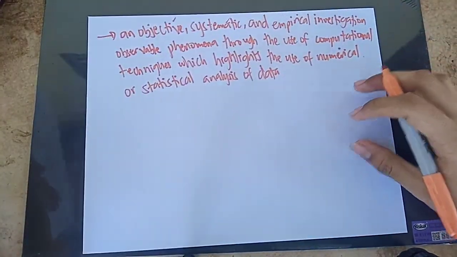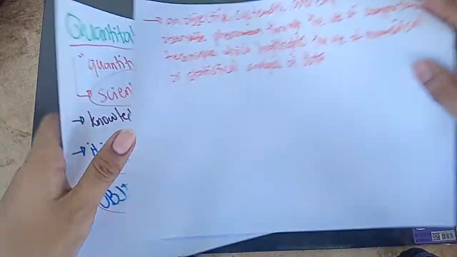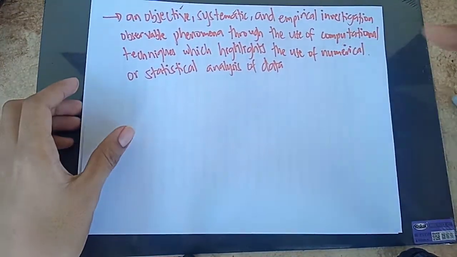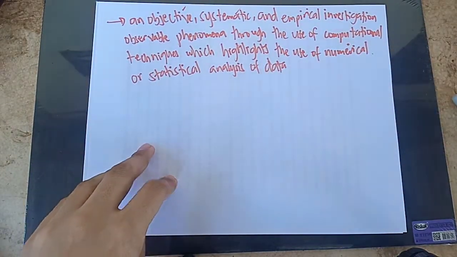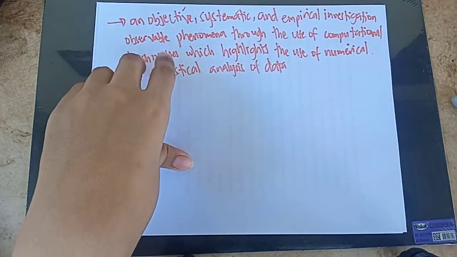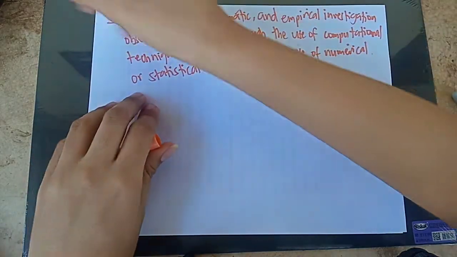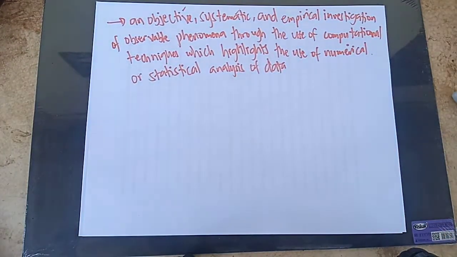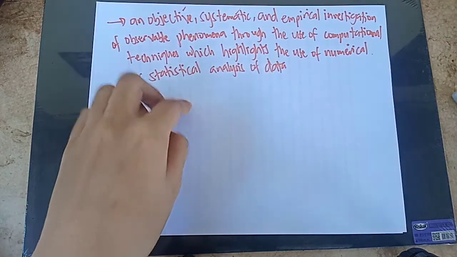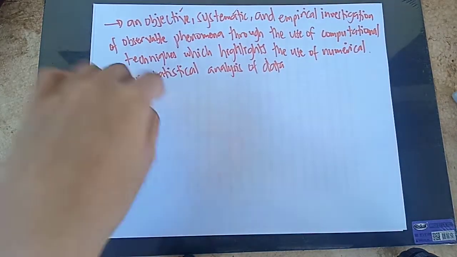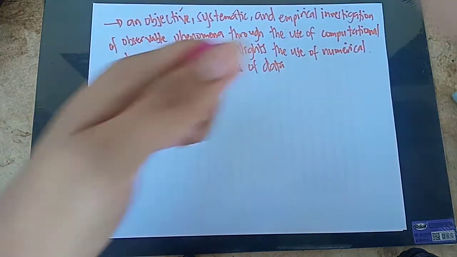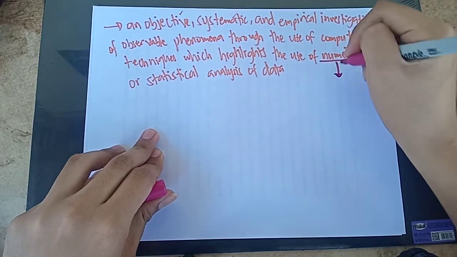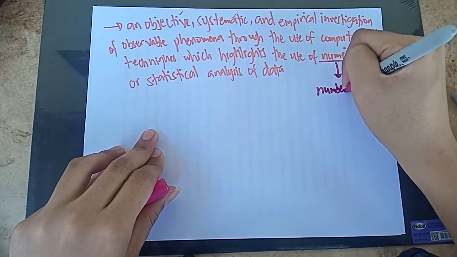So, that would be the main definition of quantitative research: an objective, systematic, and empirical investigation of observable phenomena through the use of computational techniques, which highlights the use of numerical or statistical analysis of data. So it is heavily concerned with numbers.